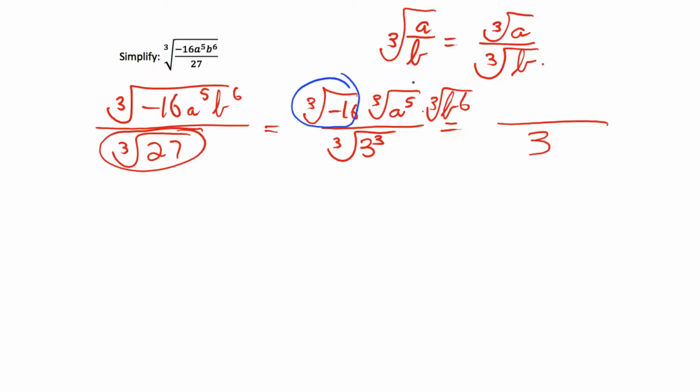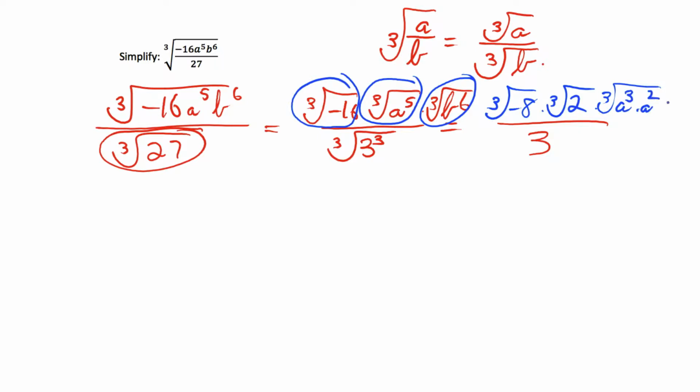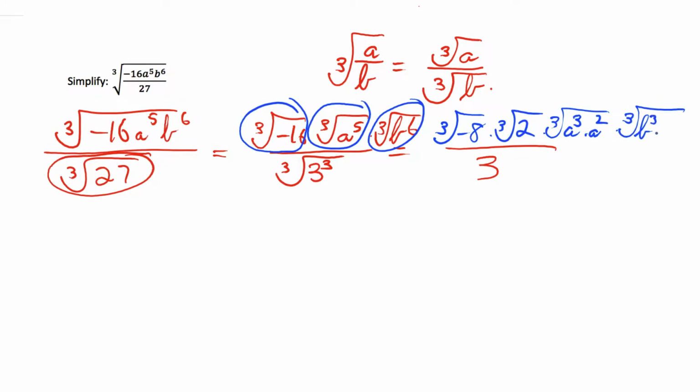And then I'm going to further break up each of these by factoring out any perfect cubes I see. Well, with negative 16, I know that negative 8 is a perfect cube, which leaves us with the cube root of 2. A to the 5th can be broken up as a cubed times a squared. And the b to the 6th can be broken up as b cubed times b cubed, all divided by 3.